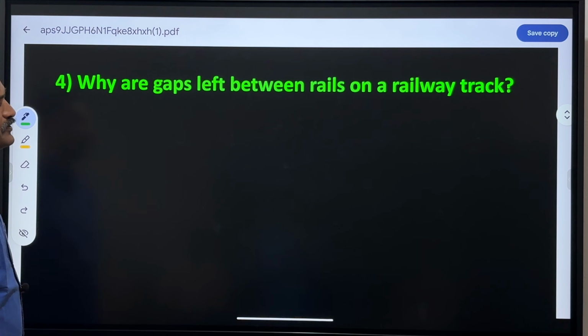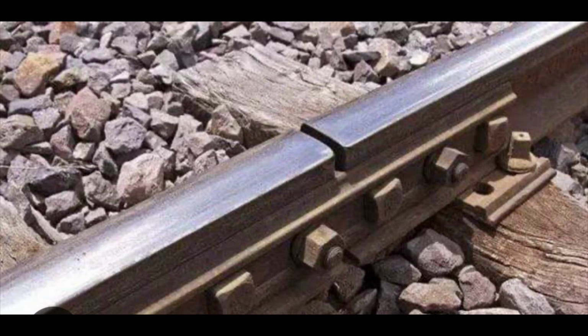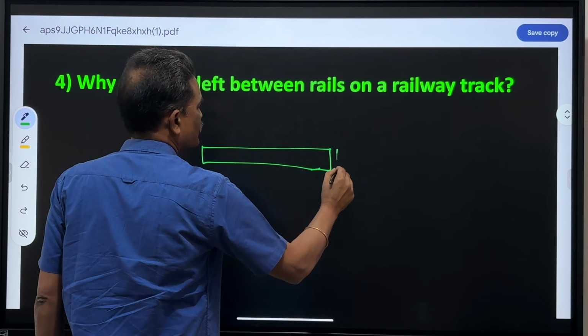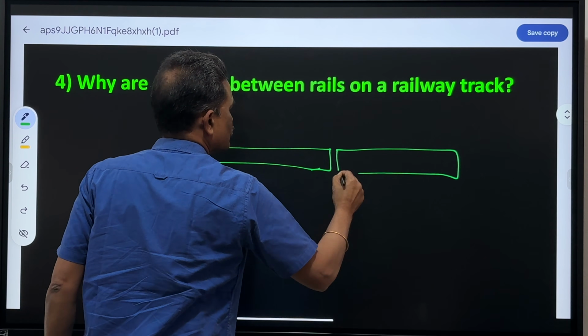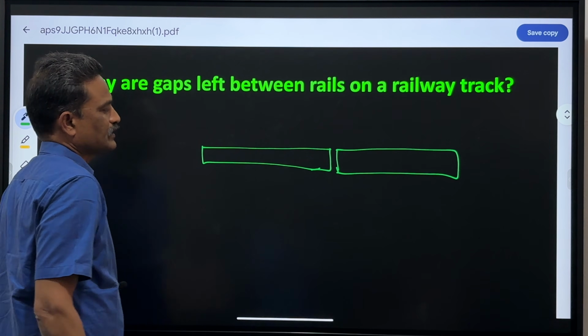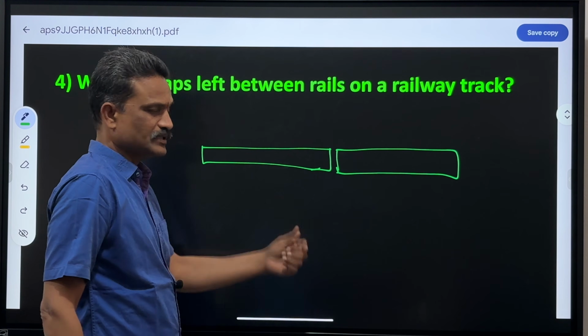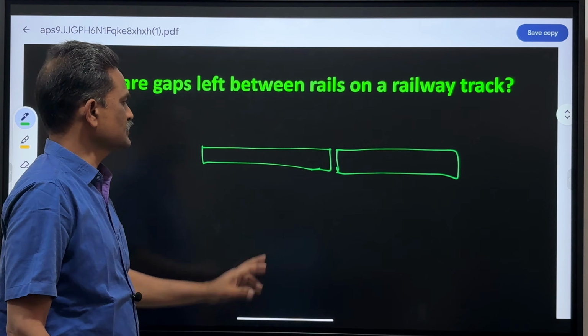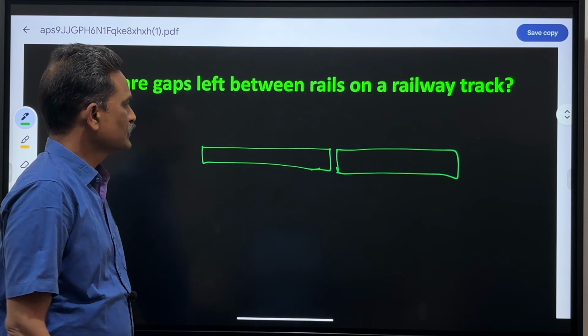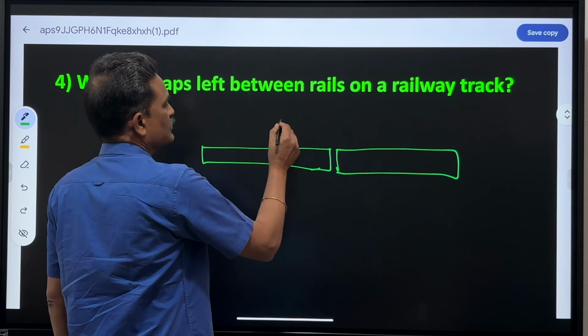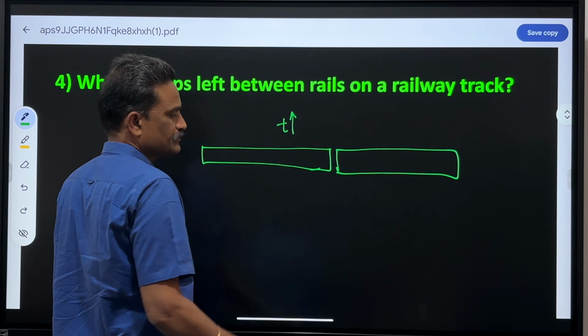Why are gaps left between rails on a railway track? So we see in general, in olden days, there used to be gaps between the two rails. But nowadays, there is a type of welding done in between these two. You don't find any gap. This is an often asked question. So in summer seasons, temperatures are high.